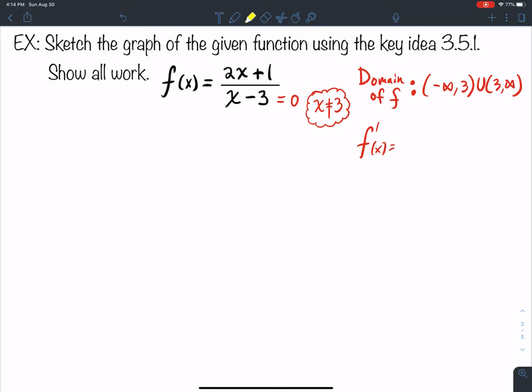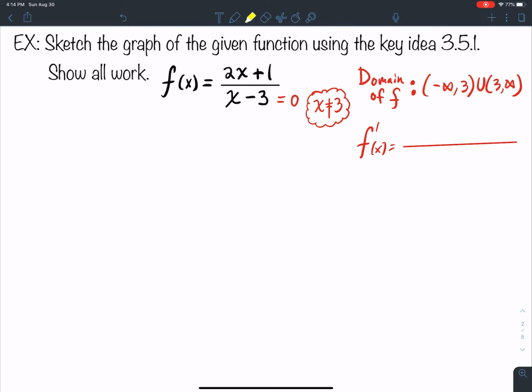Okay, now I want to find the critical values. When I take the derivative, I set it equal to 0 or where it does not exist. Since this is a rational, you could use a couple different rules, but the easiest one is just to use the quotient rule. So let's use the quotient rule here, and I'm going to do low d high.